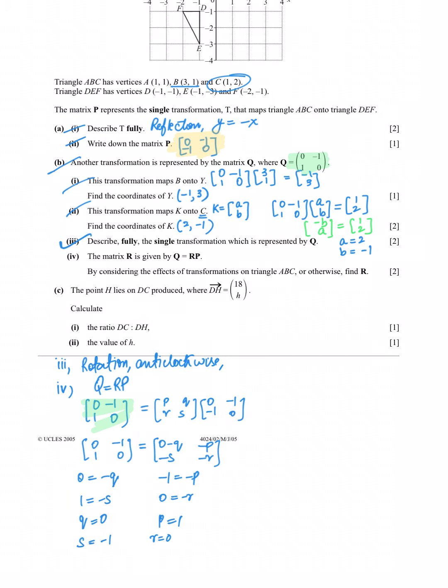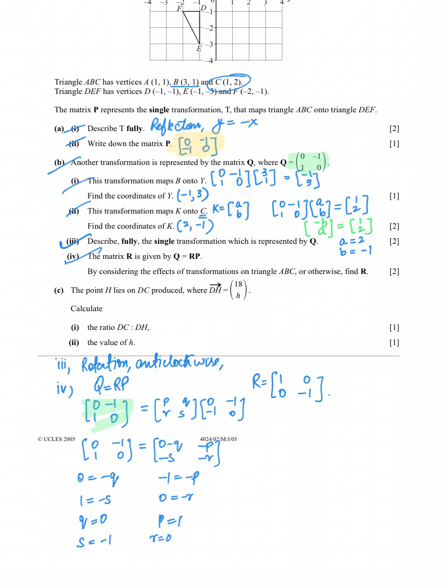If I substitute the values in this format, the matrix R has P as 1, R as 0, Q as 0, and S as minus 1. That is my matrix R. Alright, so that is the fourth part.